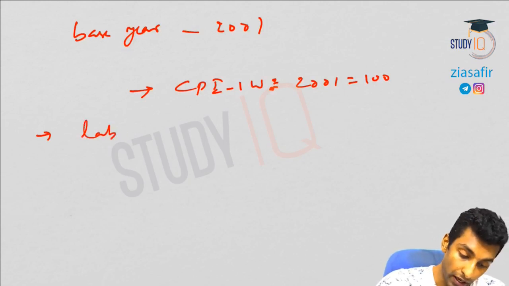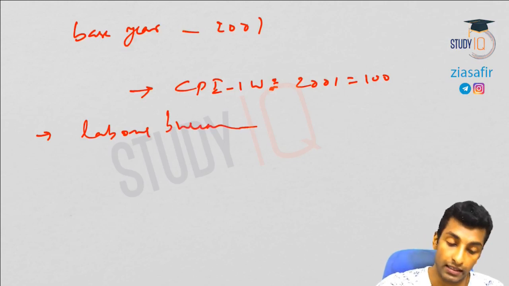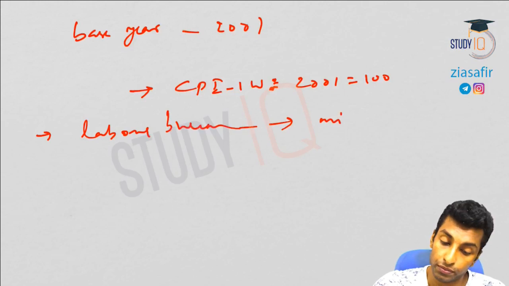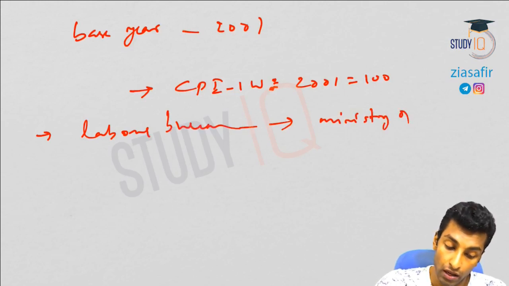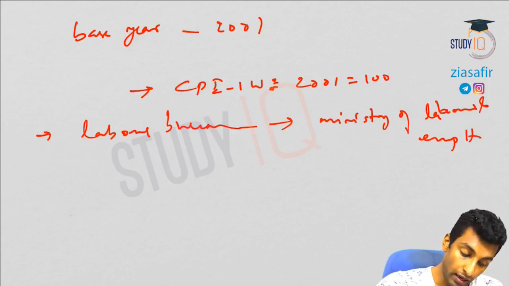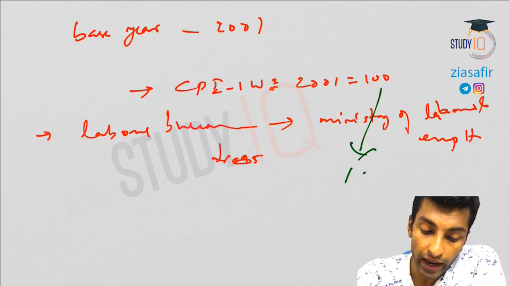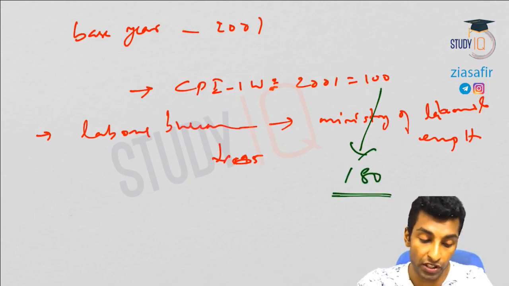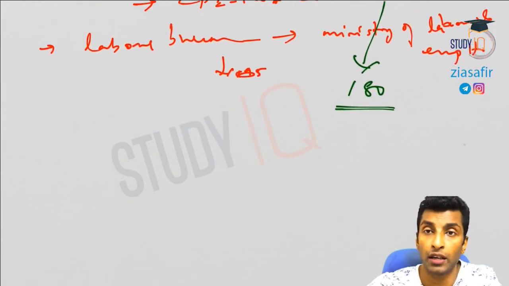Earlier it was the Ministry of Commerce and Industry. So here it is Labor Bureau under Ministry of Labor and Employment. Okay, so when I'm saying now it is 180, what does that mean? There is an 80% increase. Okay, so 80% inflation is there. That is how you will interpret this, right?